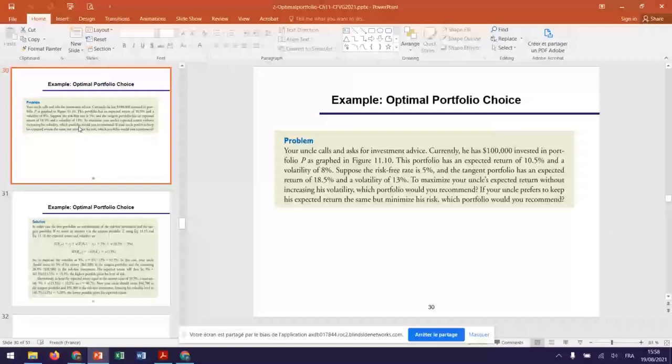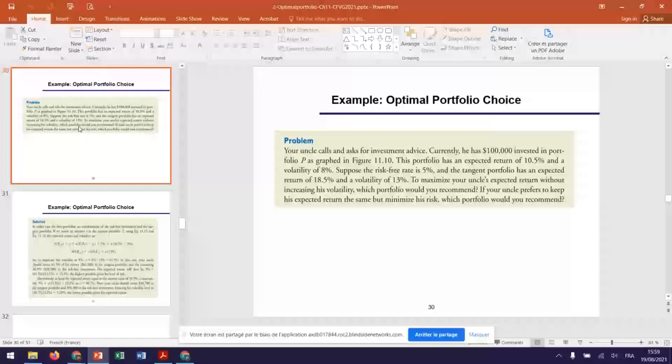You cannot simply reallocate your uncle's portfolio P to the tangent portfolio. Make sense? What we can do is combine the tangent portfolio with the risk-free asset investment.